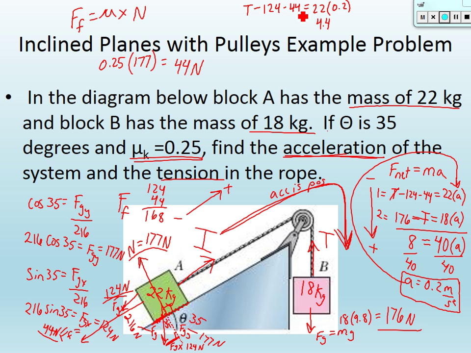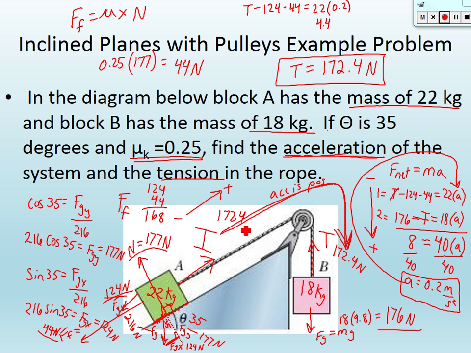And we're going to have to add 124 and 44 to both sides. So let's just add that, plus 44 and plus 124. So are you guys getting that tension is equal to 172.4 newtons? That's always a good idea once you have that to put it in for tension right here, 172.4 newtons.